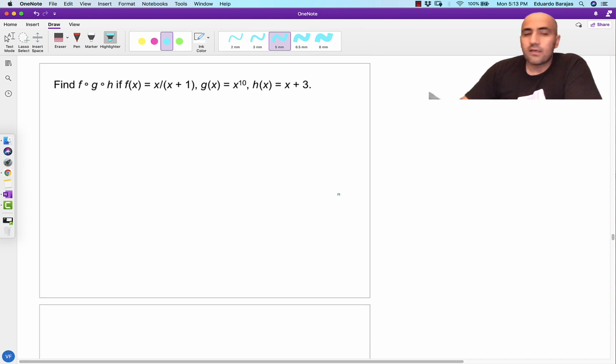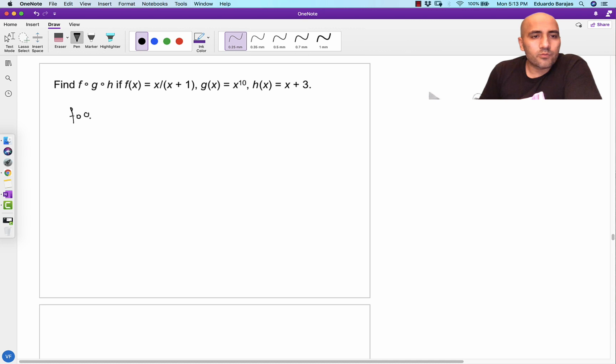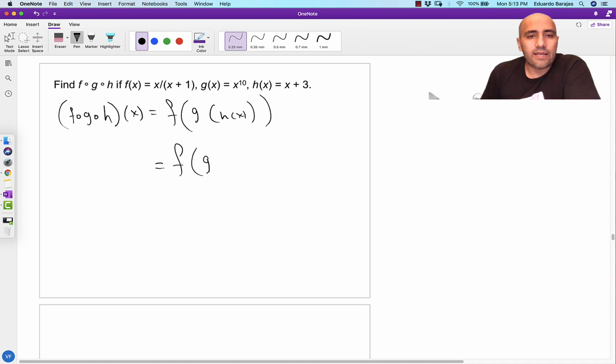Here's an example. Let's say we wanted to find this guy. So we have f composed with g composed with h of x, and here are the definitions of the 3 functions. So this one is going to be equal to f evaluated at g evaluated at h of x, which is equal to f evaluated at g evaluated at h, which is this guy, which is x plus 3, which is equal to f, and now the g function says whatever the input is, raise it to the power of 10, where this is the input.